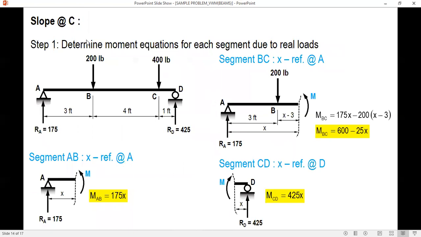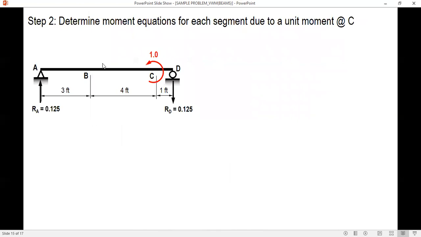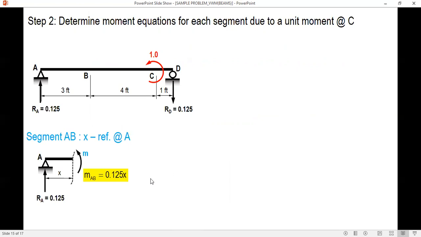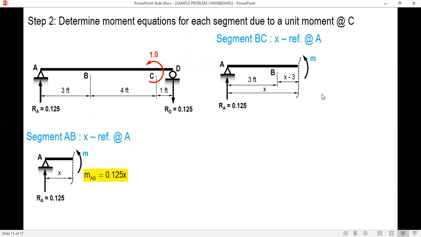And for the slope at C, no changes in the moment equation due to real loads. For AB, no changes. Only for BC, since the reference is at A already. So, the moment is just equal to 0.125 times X. It's very simple now.